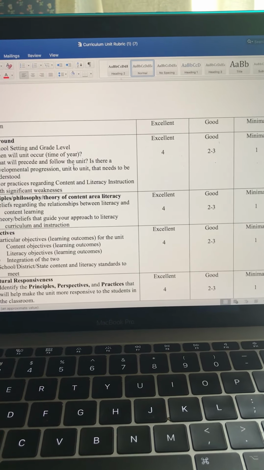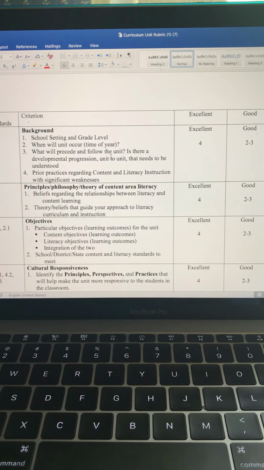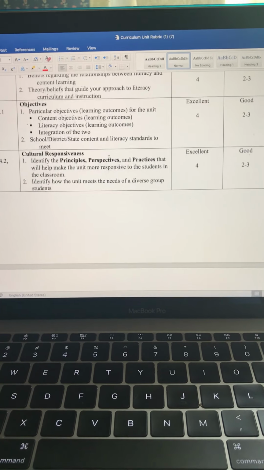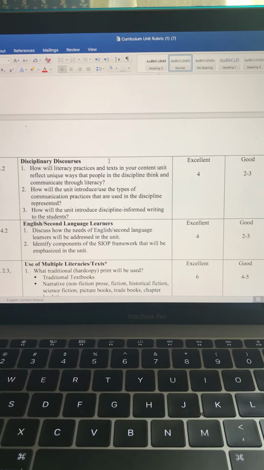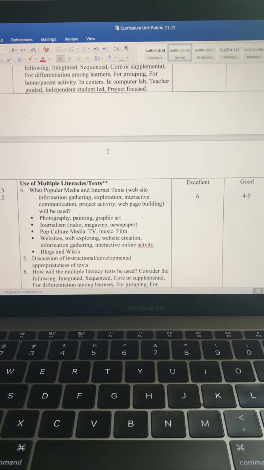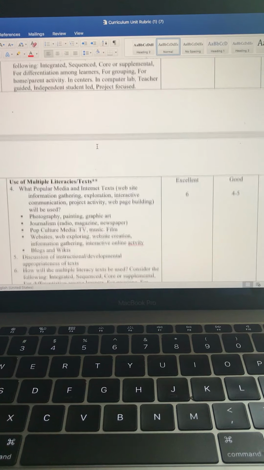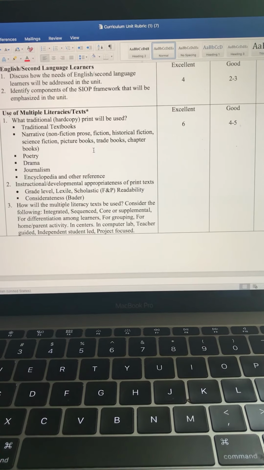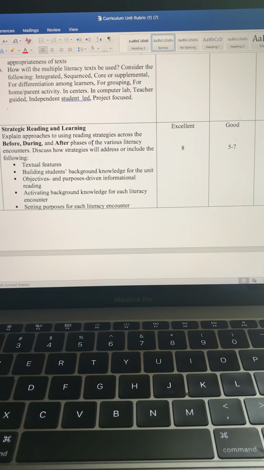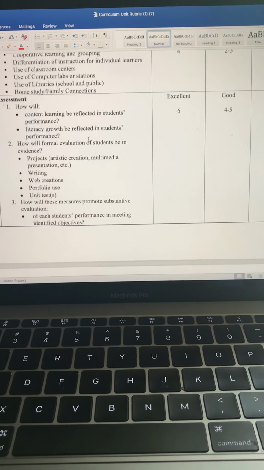Within this rubric, it has everything set up with the background information that you have to hit: principles and philosophy and theory of content area literacy, objectives, cultural responsiveness, disciplinary discourses, English second language learners, use of multiple literacies texts, use of multiple literacies texts with popular media, strategic reading and learning, classroom organization and practice, and then finally assessment.